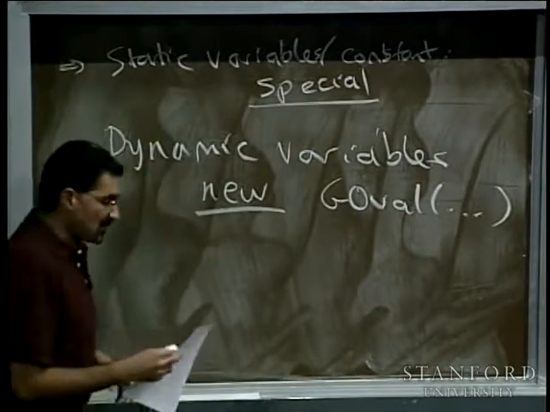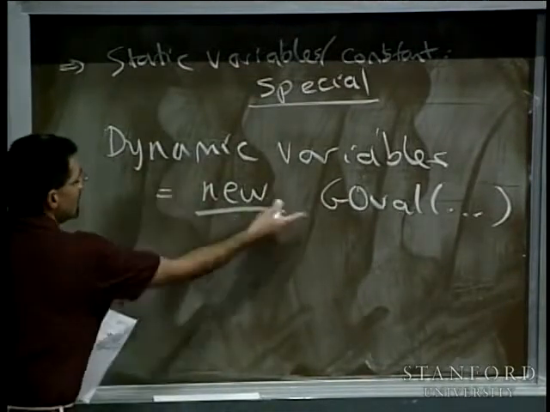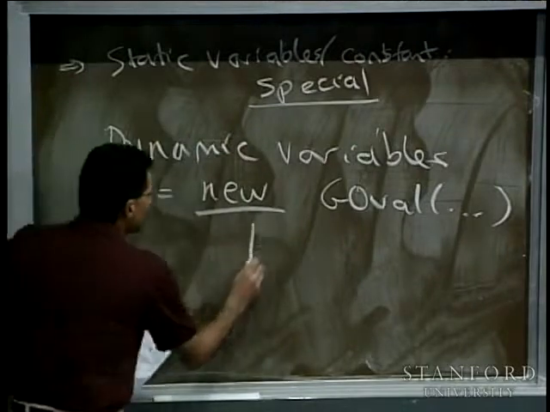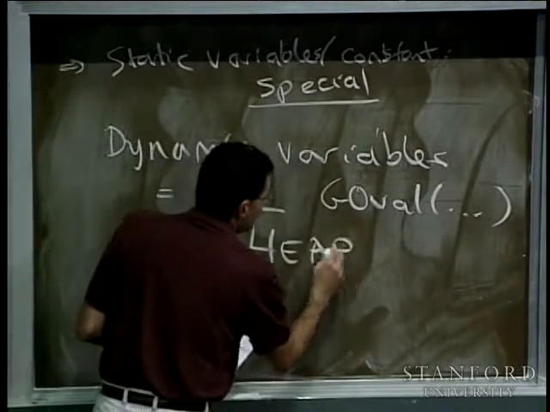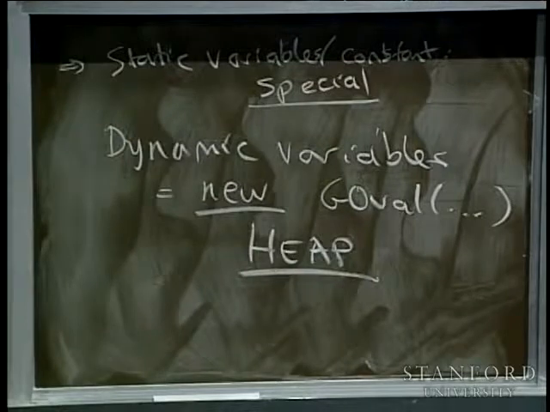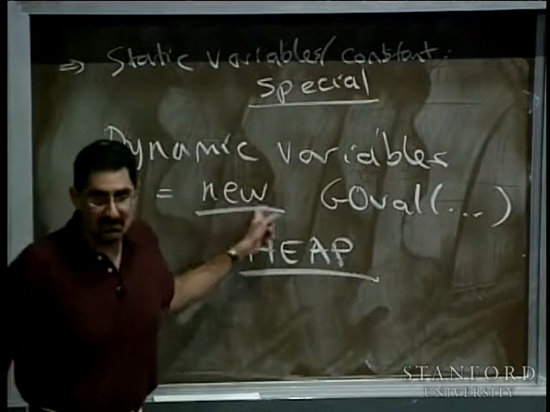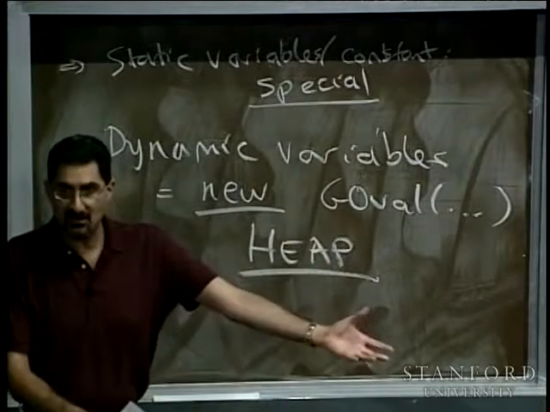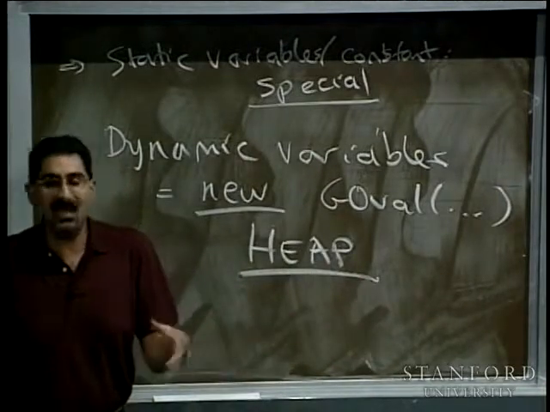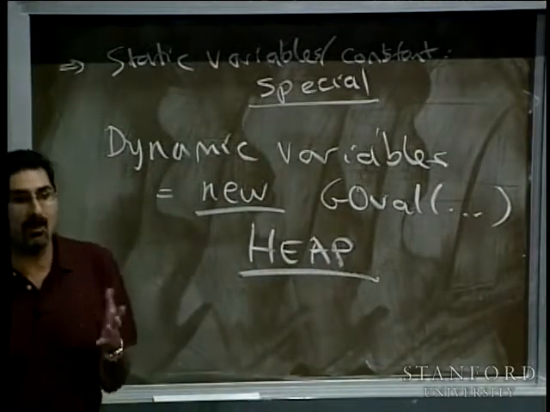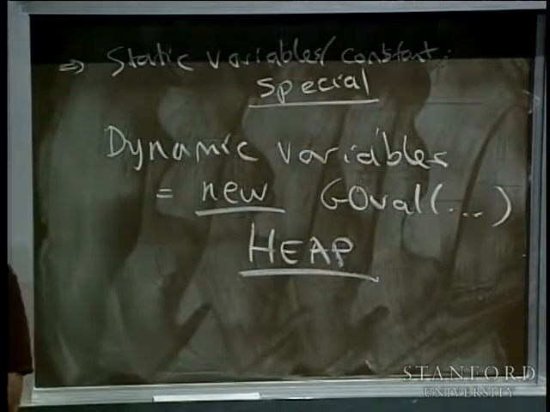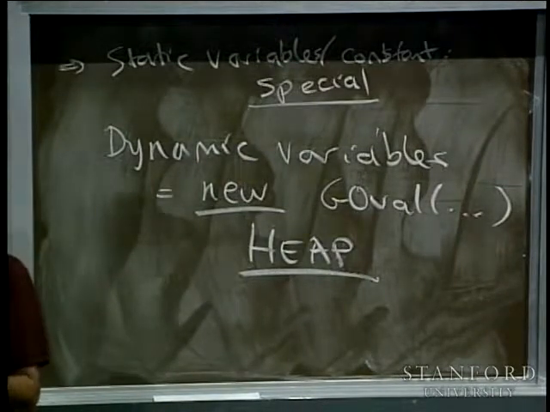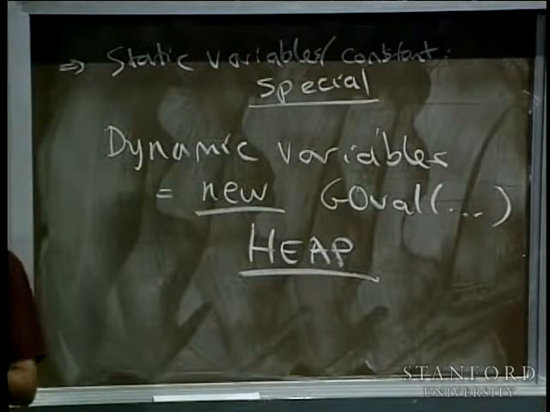And the memory that comes from for a dynamic variable when you do this thing called new is something called the heap. And the way you can think about the heap is it's just like a big pile of clothes. When you need clothes, you come along and you say, hey, I need some new clothes, and it gives you some clothes. And when you're done, you sort of just say, hey, I'm not wearing those clothes anymore. And somewhere magically down the line, when there's a piece of clothing that you stop wearing, the computer knows that you've stopped wearing it and it says, oh, I'm going to go take that memory back.